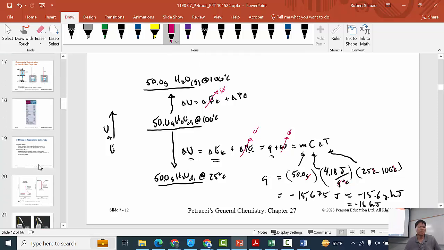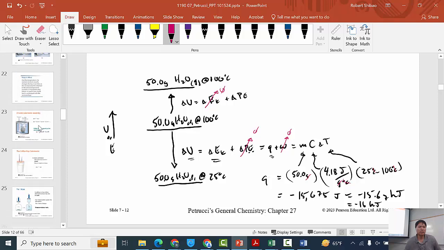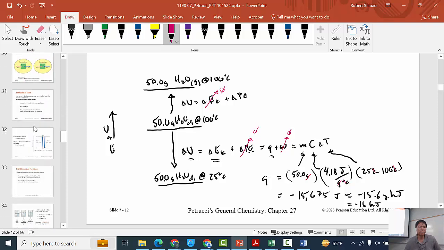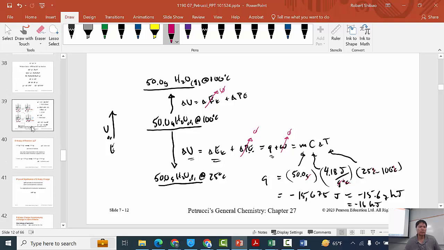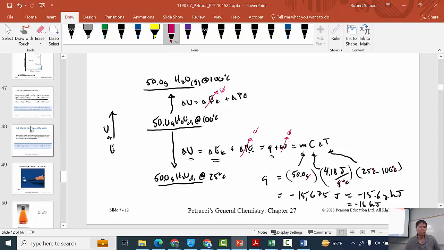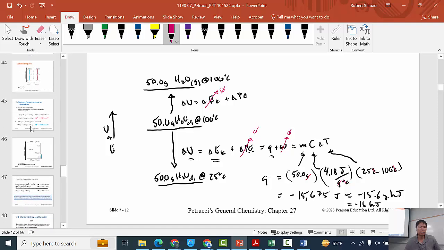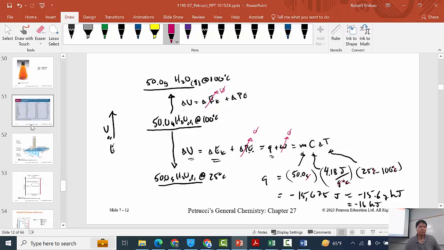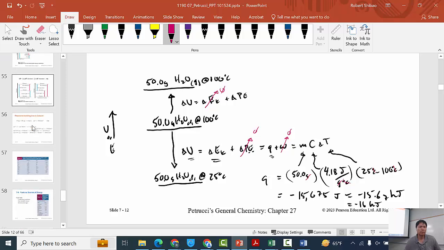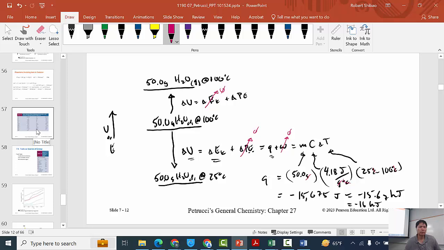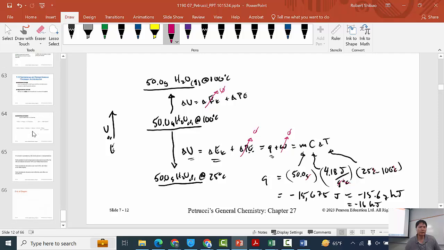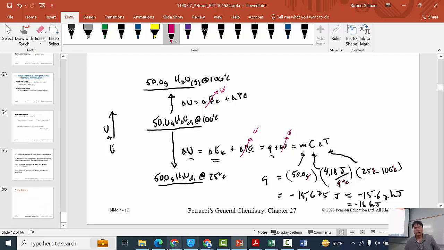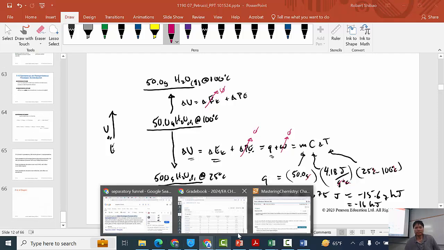I have to use some data a little bit farther ahead. Actually, I don't know if I have it in this chapter. Doesn't look like I have it.